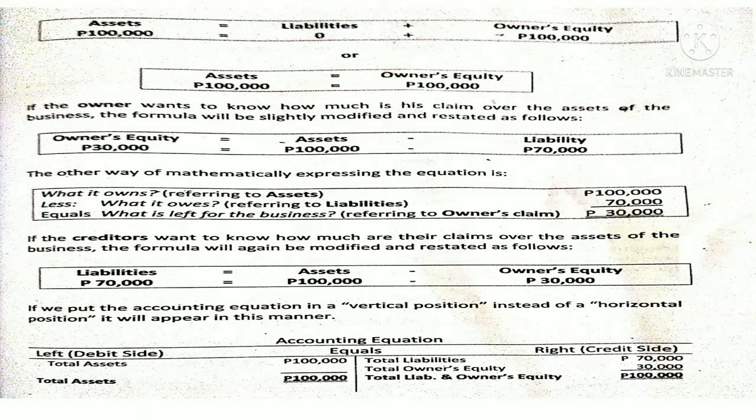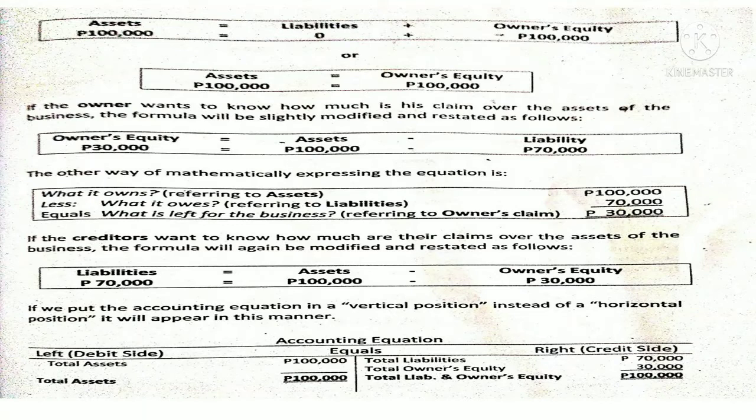Ato ang makita, pila diay ang owner's equity. Ang assets niya is 100,000, ang liability is 70,000. So, 100,000 minus 70,000 is equal to 30,000. Ato ang makita nga balance siya.